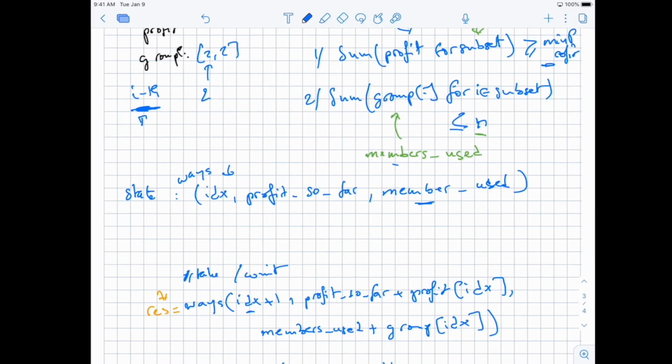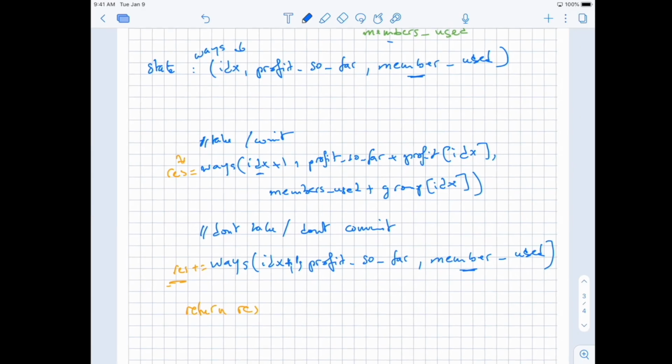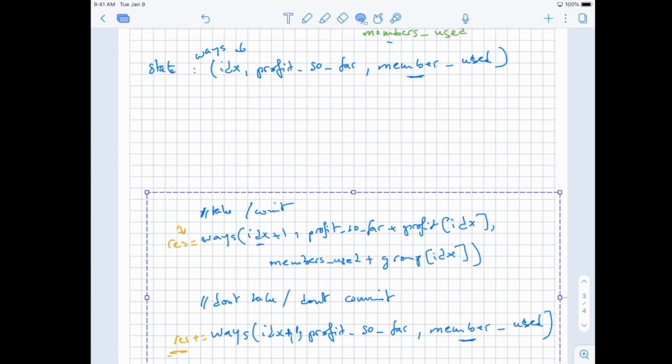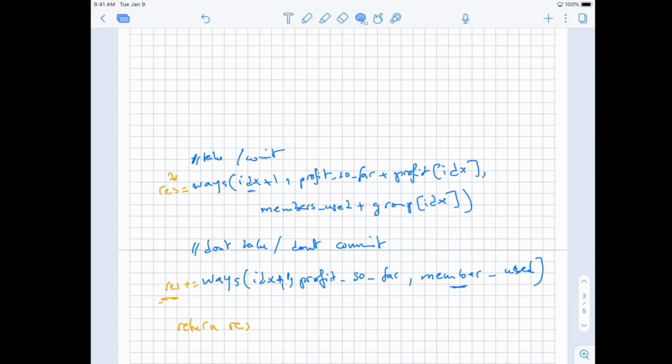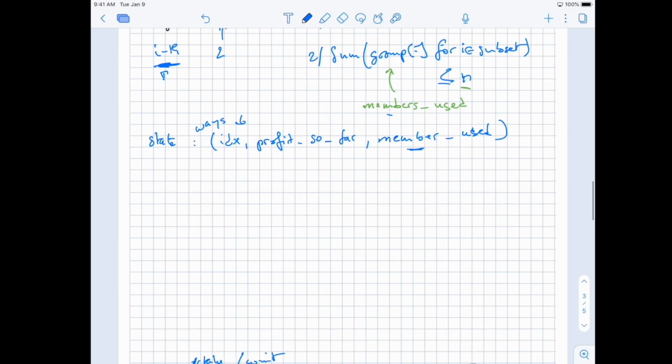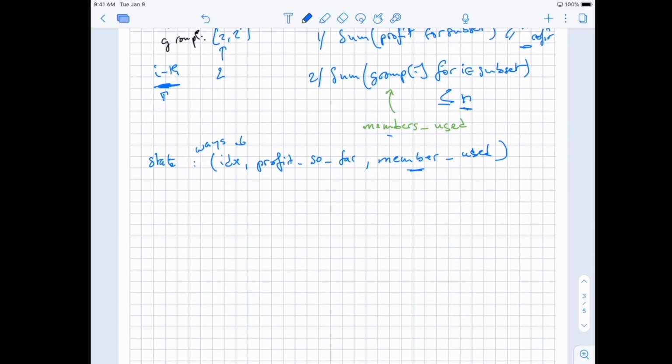And so instead of checking all of these first, let's just check the invalid base cases, and then what remains would be just the valid cases. So what's one of the invalid cases? Well, if we ever exceed n, then that's not valid. So if ever the members used is bigger than n, then that means we violated this condition, and so we can immediately return that this is not a valid way, so we return 0.